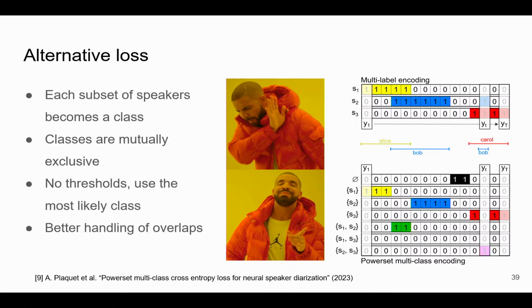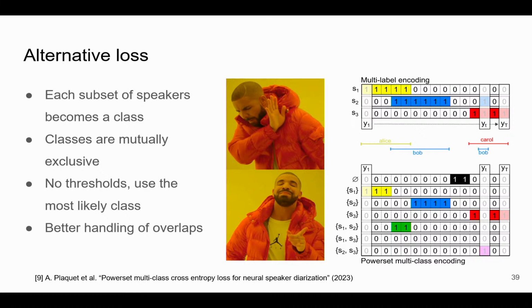Then you have only Alice active, only Bob active, only Carol active, and then you have the overlap between Alice and Bob. That part is yet a new class, and the same thing for each of the combinations. Eventually, you could do combinations of 3 speakers, but that's not so common. You are probably safe enough considering only overlaps between 2 speakers.